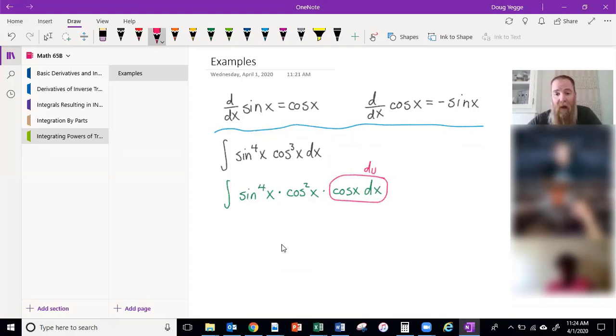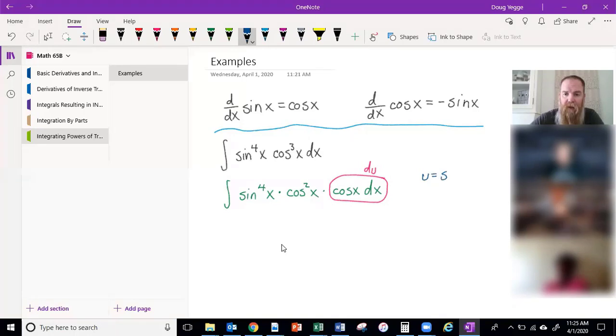Which must imply what? So if that's what we're forcing to be du, what do we want u to be? If we want this to be the derivative of u, what do we want u to be? That thing's integral. Sine. We want sine x.